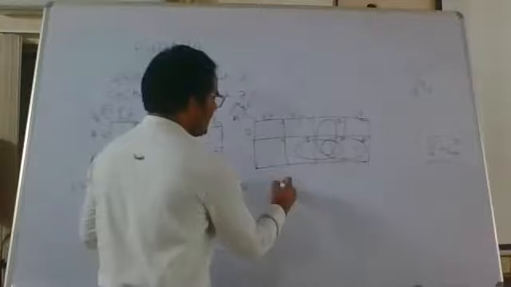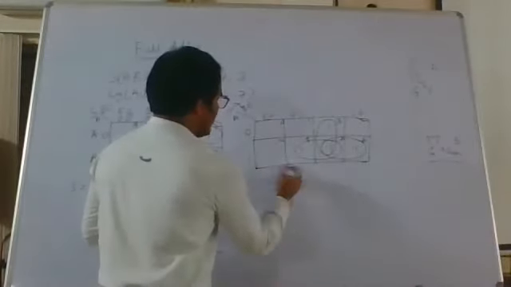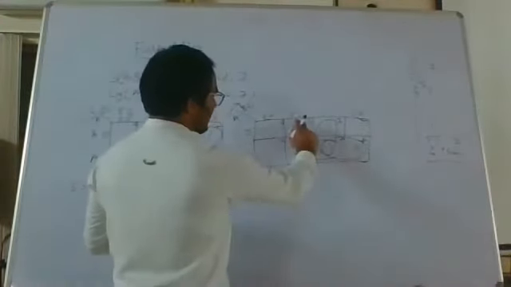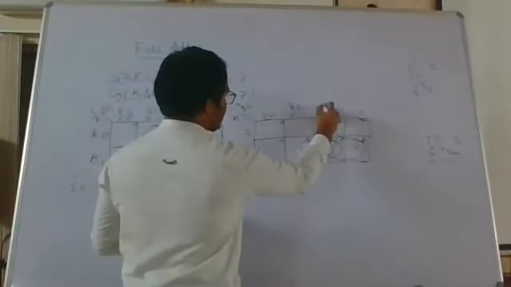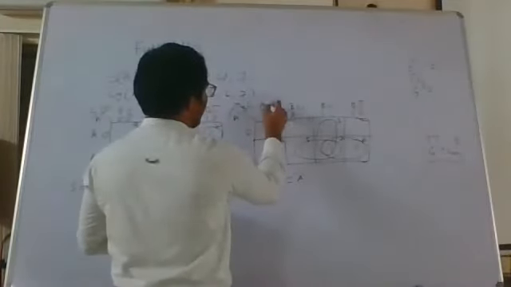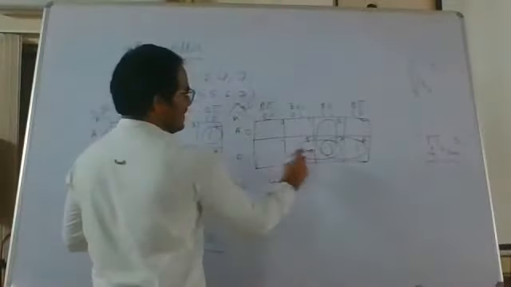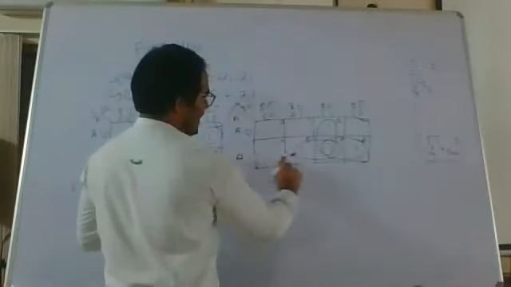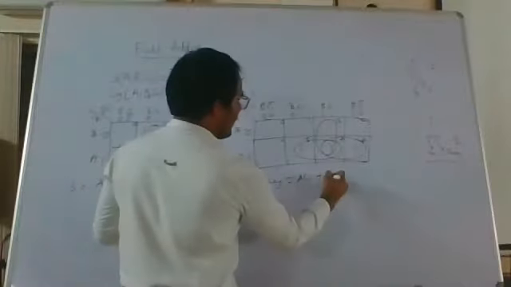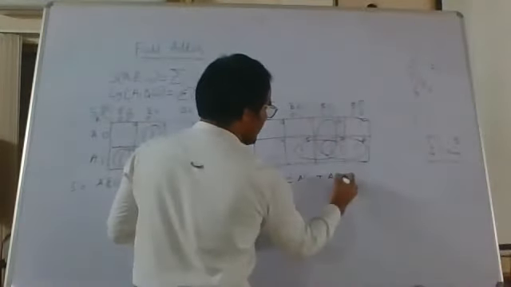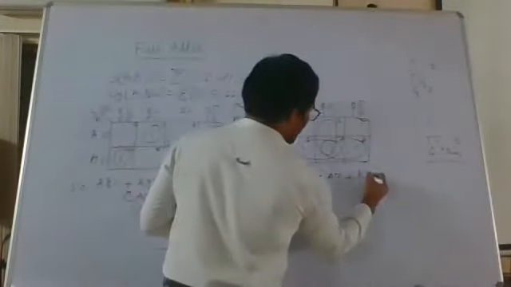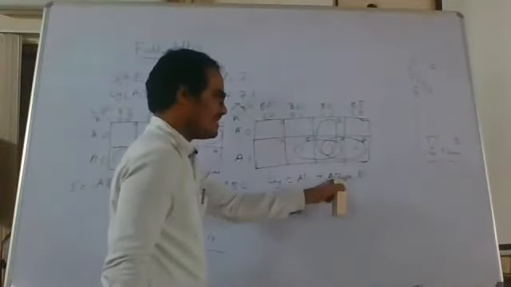The expression for the carry is obtained as follows. From the first pair we can write A Ci, from the second A B, and finally from this, where A is not present, B Ci. So A Ci plus A B plus B Ci.